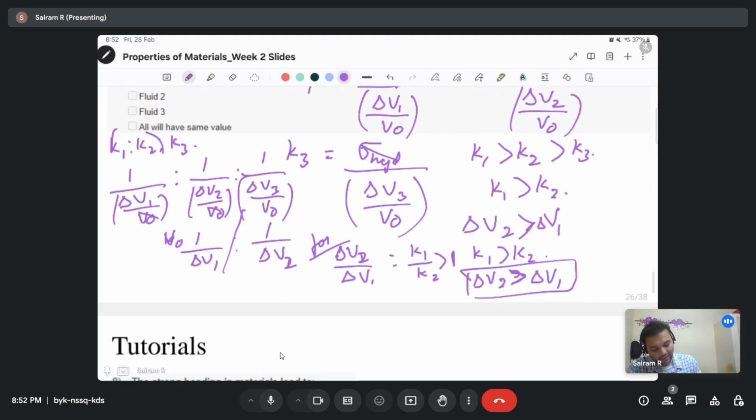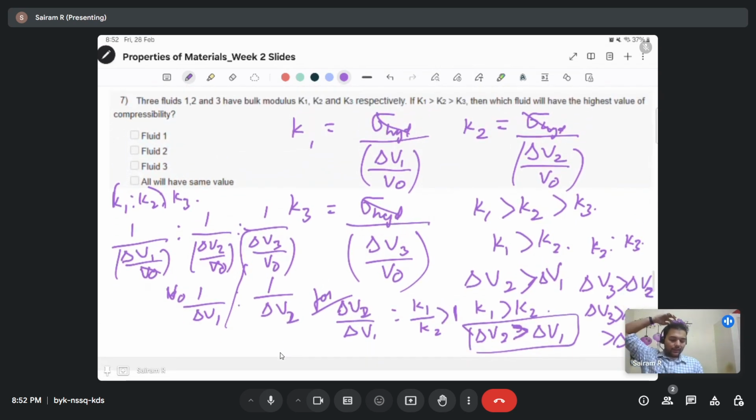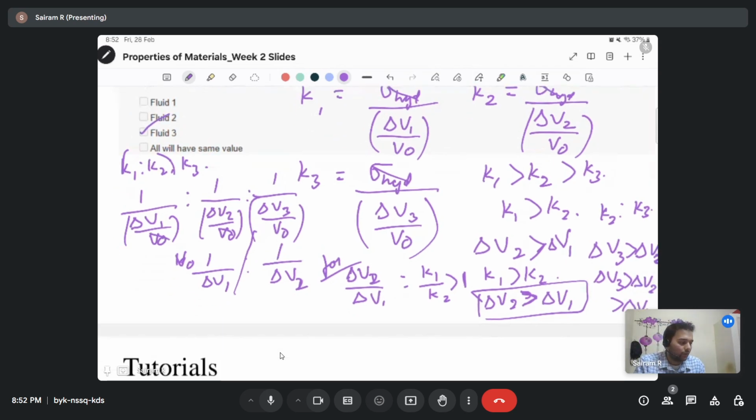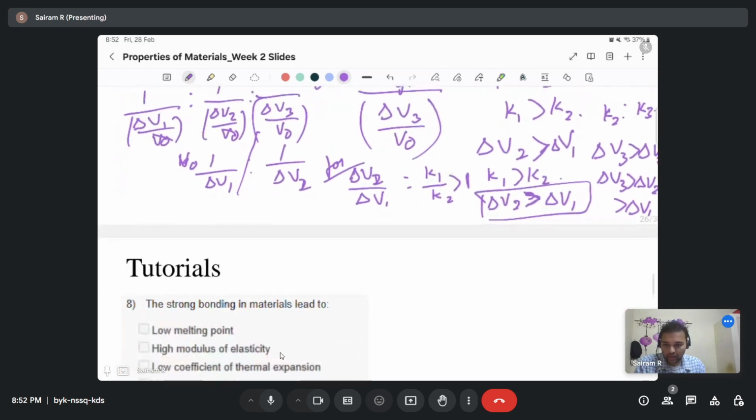Similarly, if we extend this logic to K2 is to K3 as well, then del V3 should be greater than del V2. So if we apply the property of commutativity, del V3 is greater than del V2, which is greater than del V1. So the K3 fluid has the highest value of compressibility because del V3 is the highest. So fluid 3 is the most compressible liquid amongst these three given liquids of bulk moduli K1, K2 and K3. Okay.